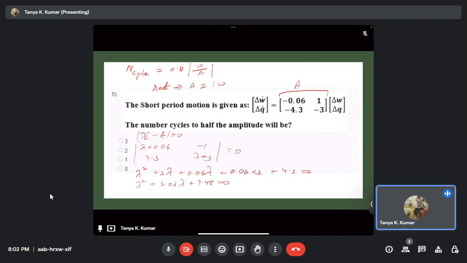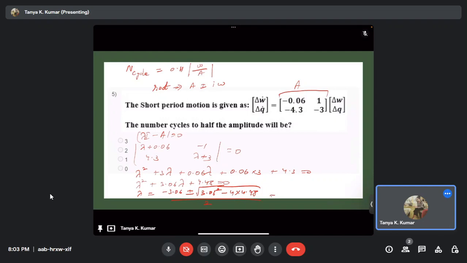Now what are the roots of this equation? Find out the roots of the equation. Again do so. Lambda equals minus 3.06 plus or minus square root of 3.06 square minus 4 into 4.48, by 2. What do you get here?